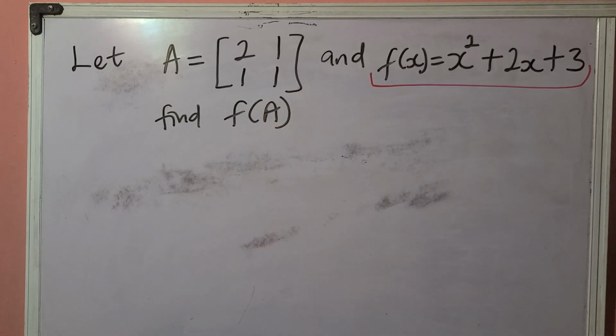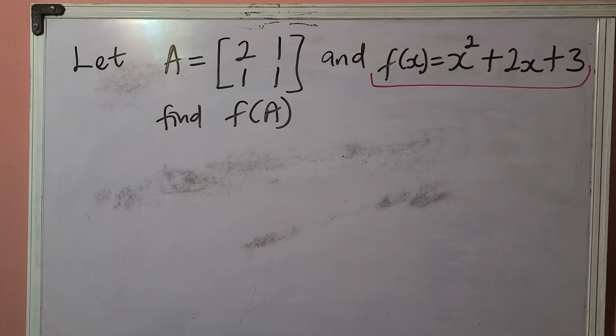So this is the application of matrices to polynomials, and somewhere along the line we'll be making use of the identity matrix here. So let's try and solve this, and let's see how to go about this.